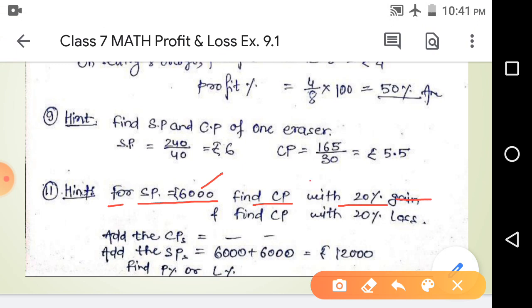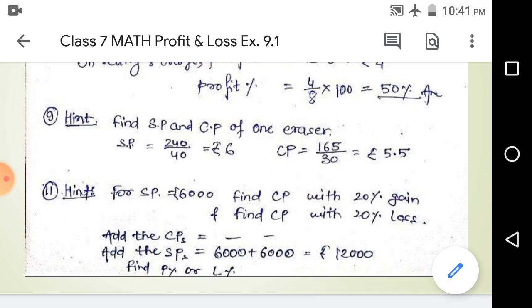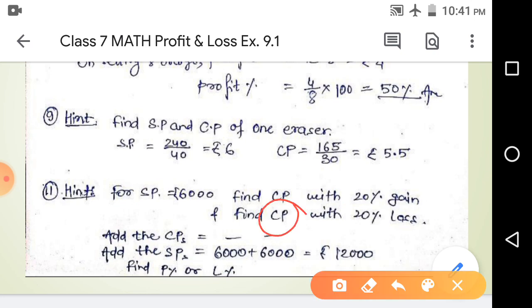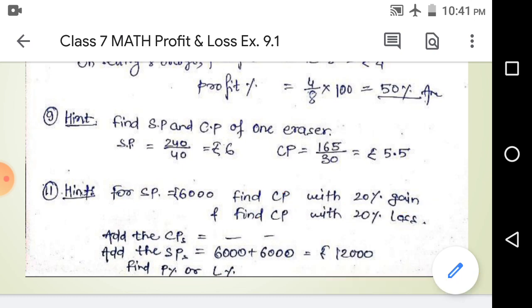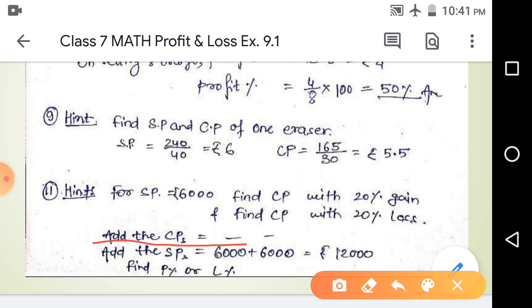We can use the direct formula for CP, because we have SP. Again, we can use the direct formula for CP with this 20% loss. Then we have two cost prices. Then we can add those cost prices to get the overall cost price for two watches.